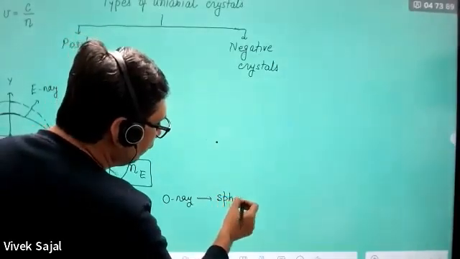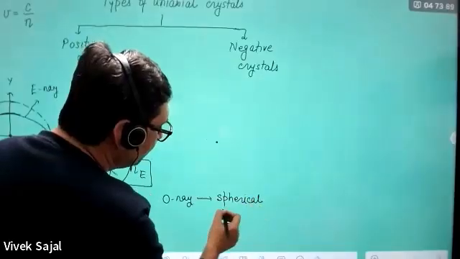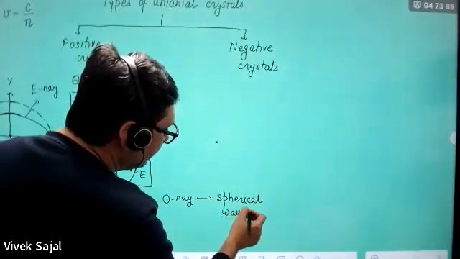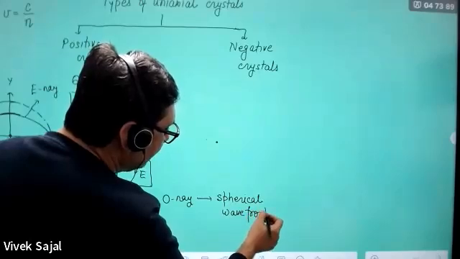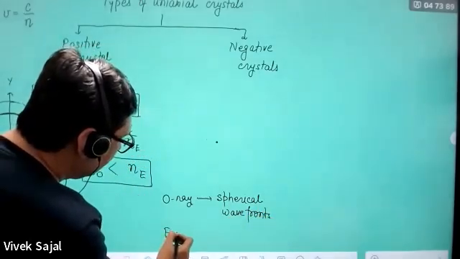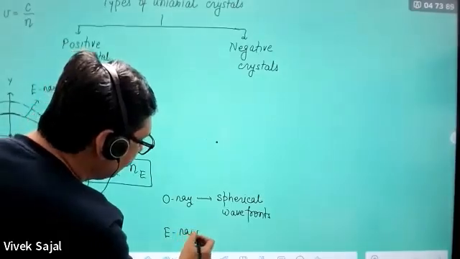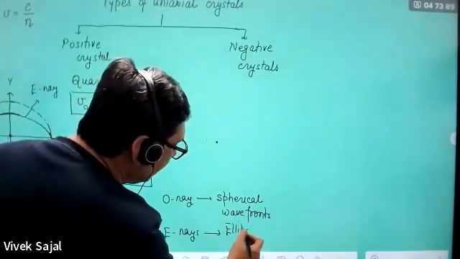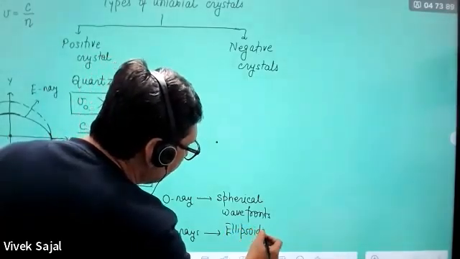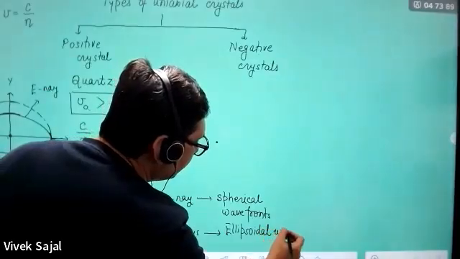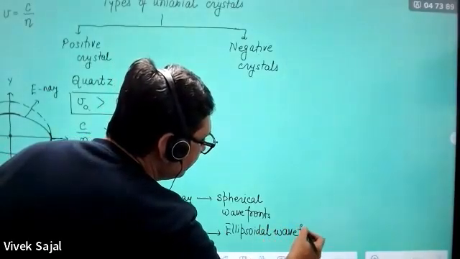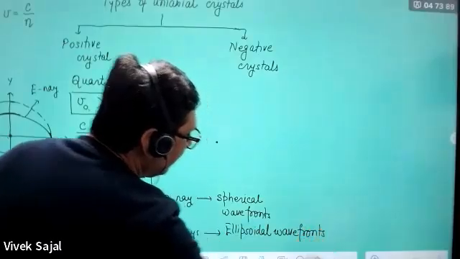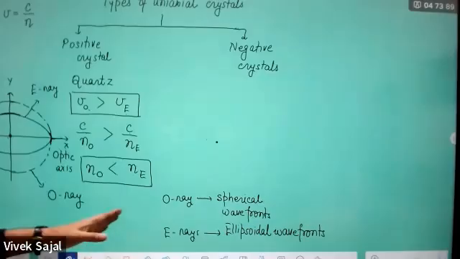They are going to have spherical wavefronts, while these E rays are going to have ellipsoidal wavefronts. So O ray and E ray, this type of wavefronts they are going to exhibit. Remember this thing. Is it clear?